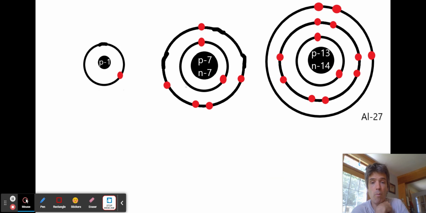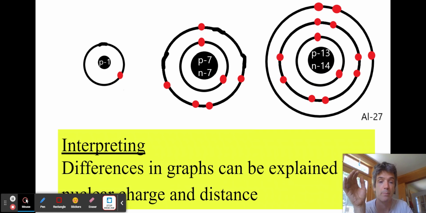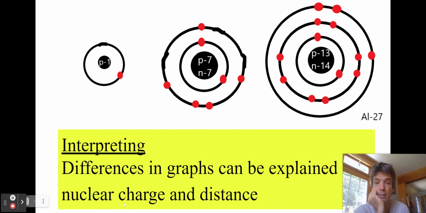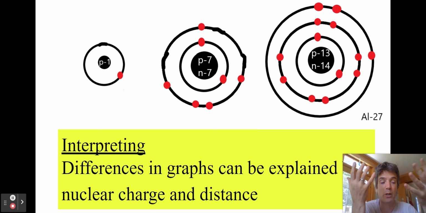So all the differences in these graphs and where the peaks are can be explained in terms of the nuclear charge and the distances. The distances are relatively the same, but the nuclear charge is so much greater, therefore the binding energy is more, because it takes more energy to remove it.